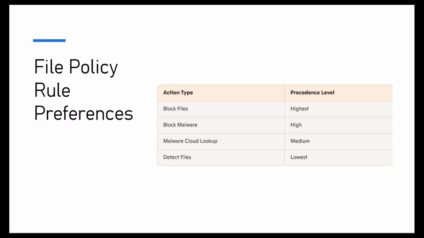If that does not match, then after that you have block malware. If there was malware in the file, the blocking actions in such a case come on top. First action: block file, irrespective of whether the PDF was good or bad. Next, block malware will block the malware if the PDF had malware inside it.